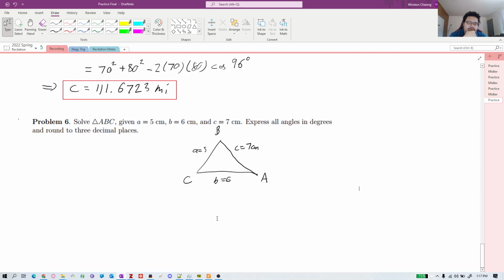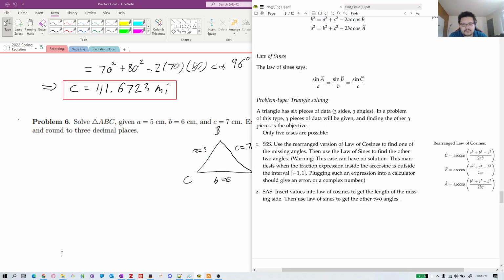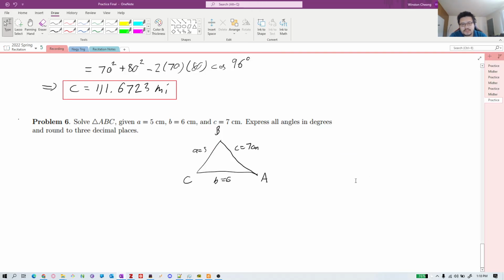The caveat here is we know that law of sines is a little bit more nuanced, right? If you don't know that your angles are acute, if they could be obtuse, then you actually have two solutions that you need to contend with, or you need to somehow eliminate the obtuse solution. So the alternative approach is to just use law of cosines three times.